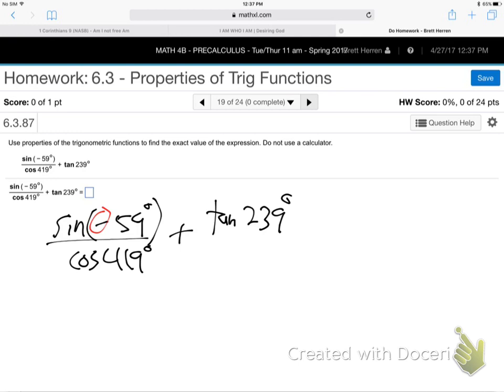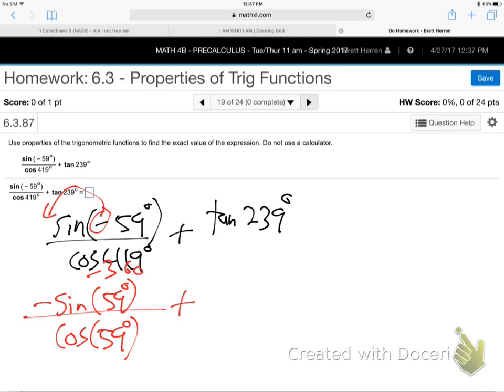To the front, because it's not cosine or its reciprocal. So you want to memorize cosine and its reciprocal, negatives vanish, the other ones it comes to the front. Or put it on your 3x5 card. Now what am I going to do with that cosine of 419? Subtract 360, and you get 59. That's convenient.